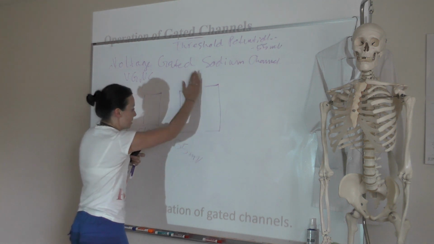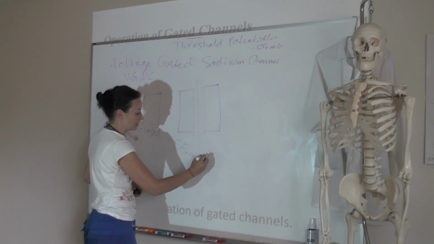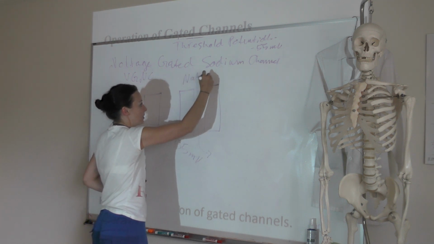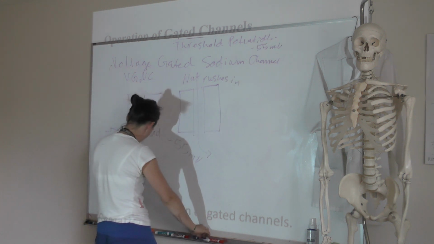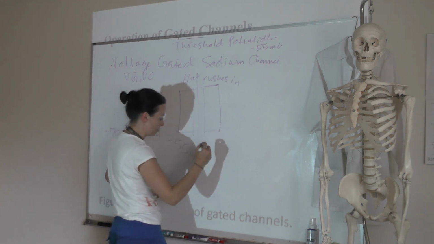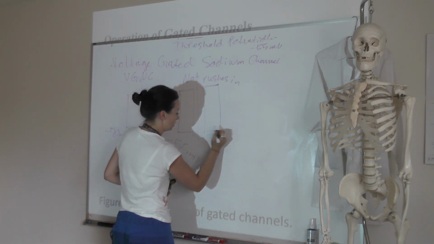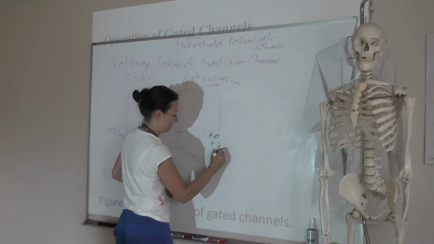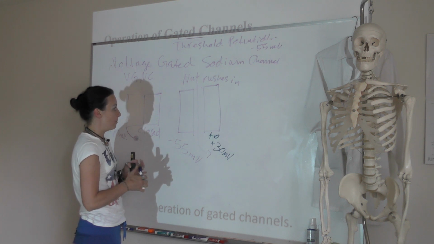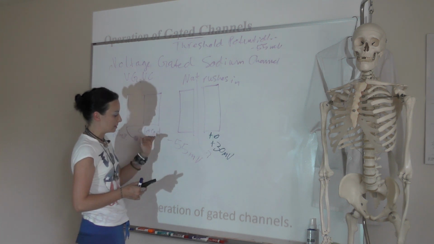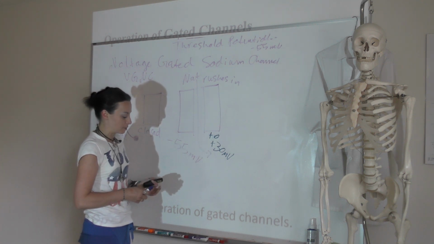What happens now through an open voltage-gated sodium channel is that sodium is going to rush in all the way to positive 30 millivolts. An open voltage-gated sodium channel is going to stay open from negative 55 millivolts to positive 30 millivolts.